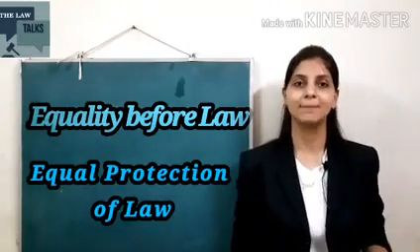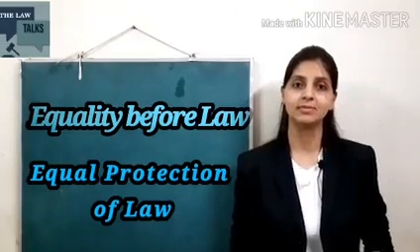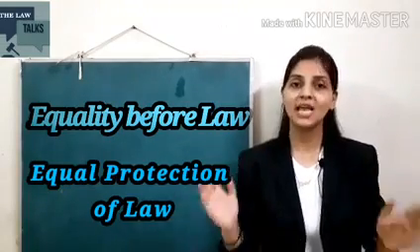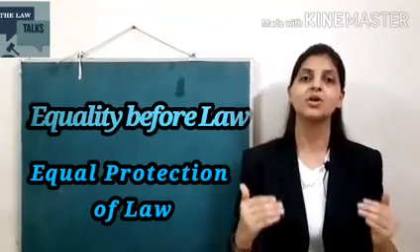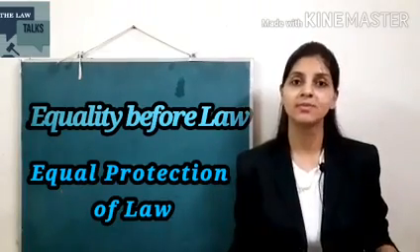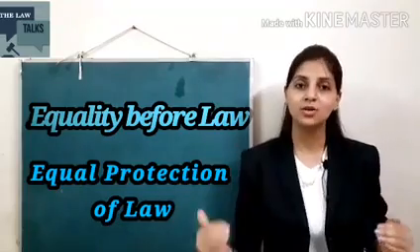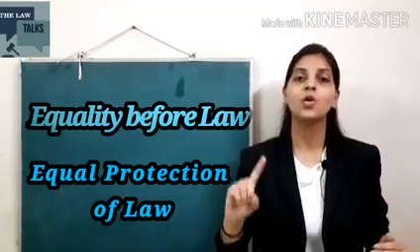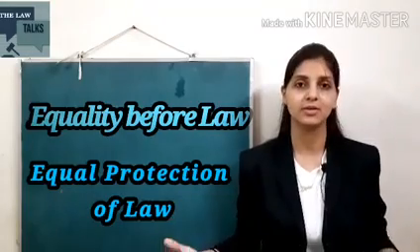Let us take an example. Say for example, the right to equality. Each and every one living in this country has a right to educate themselves. That is equality before law. You cannot tell anyone not to take education on the basis of any grounds of discrimination.